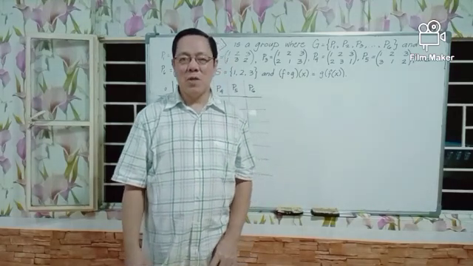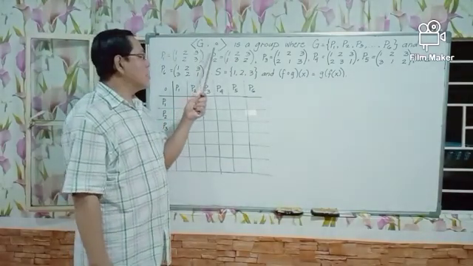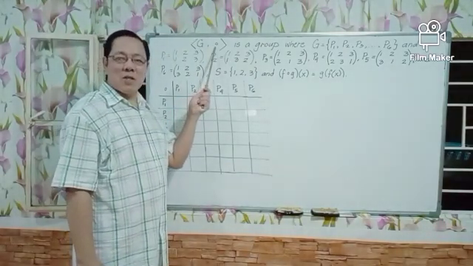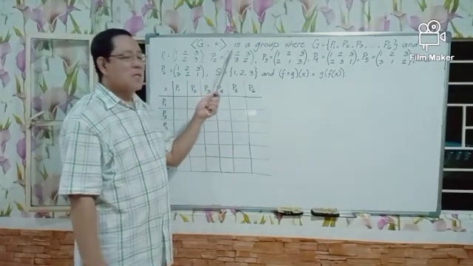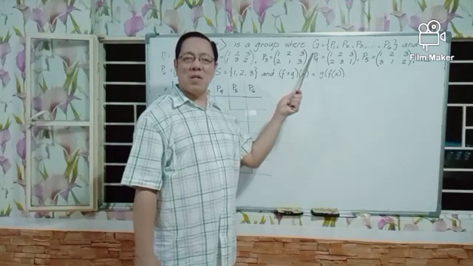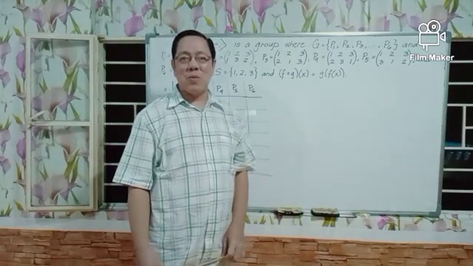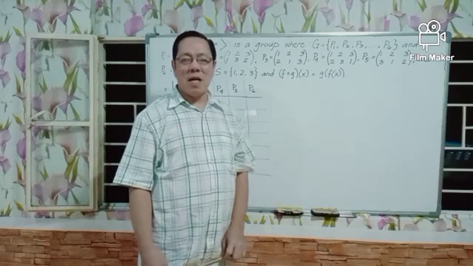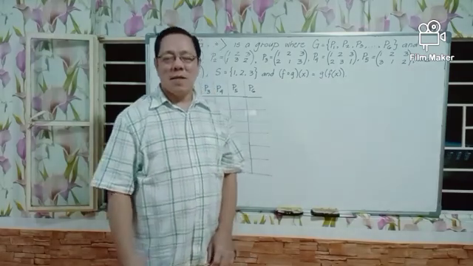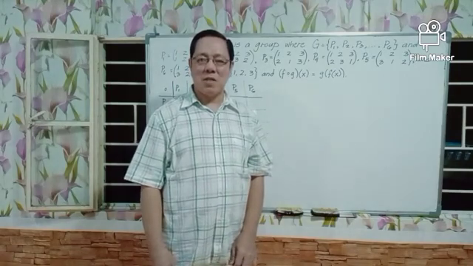In particular, we will show that the set G with operation composition of function is a group, where G is the set of permutations of the numbers 1, 2, 3, which we have shown last time, has 6 possible permutations.